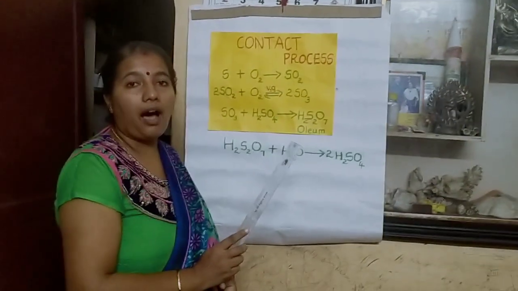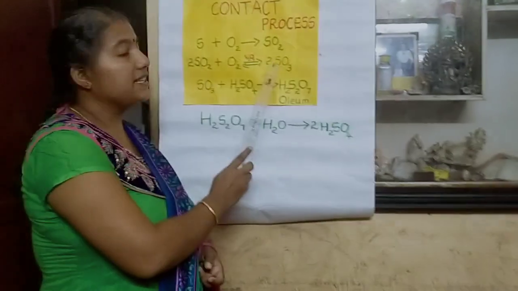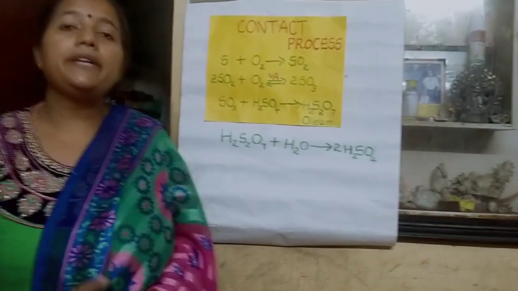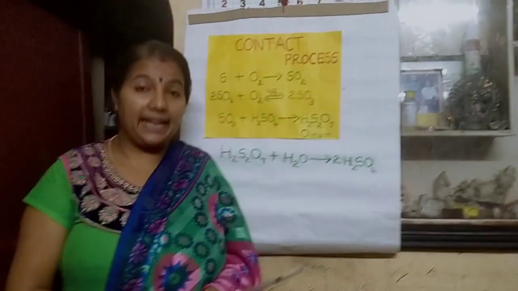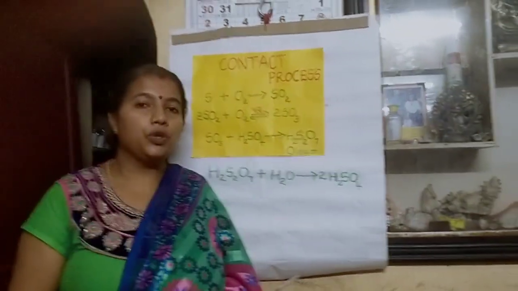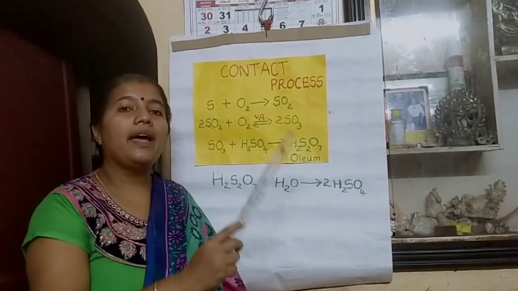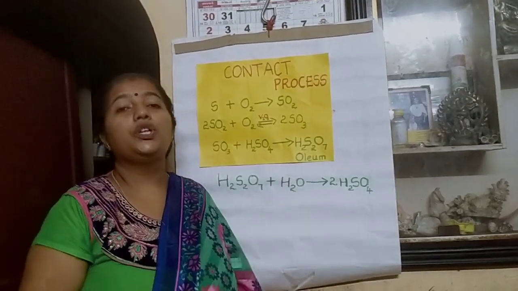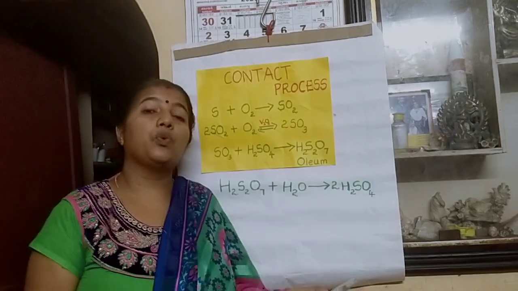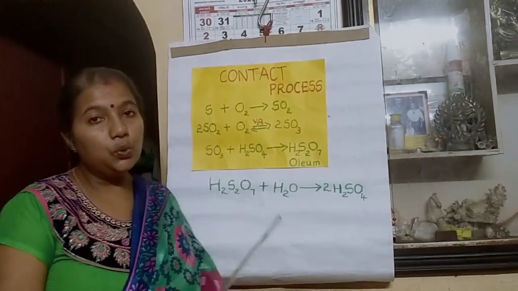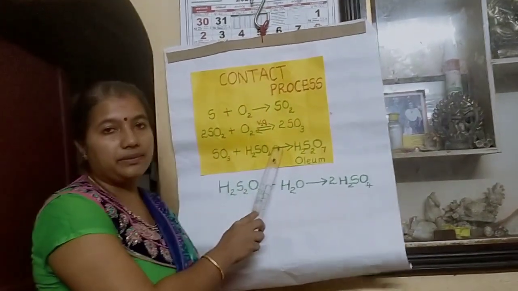The first is an optimum temperature of 723 Kelvin to produce this amount of 2SO3, and also a high pressure of 2 atmospheres is used in this reaction.